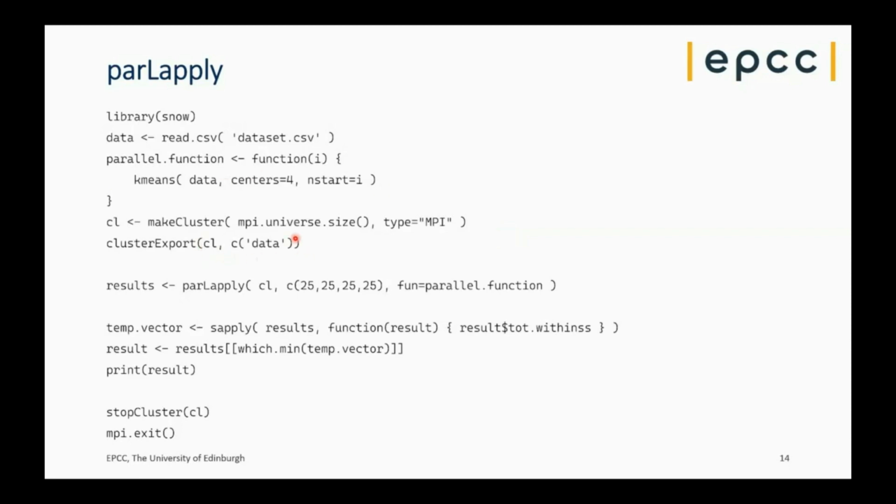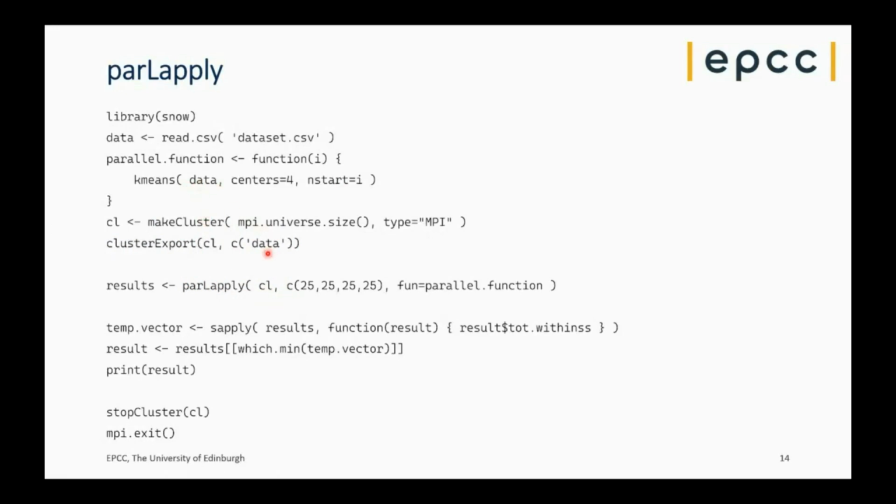I have to distribute the data that I've read in to my cluster. So I've created a set of workers, I'm distributing the data to them, and then this parallel apply will run on this cluster and produce the results that we want.